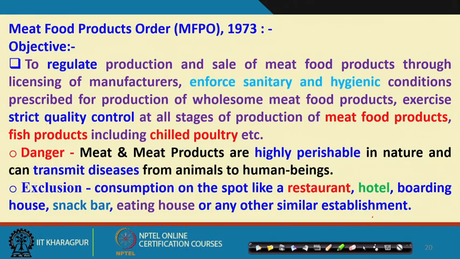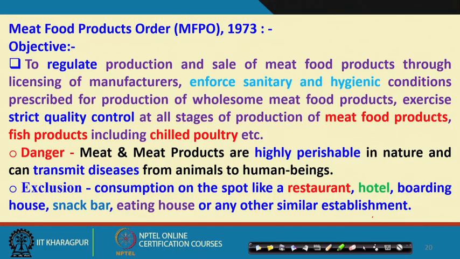The danger is that if the MFPO is not implemented, then meat and meat products, being highly perishable in nature, can transmit diseases from animals to human beings.